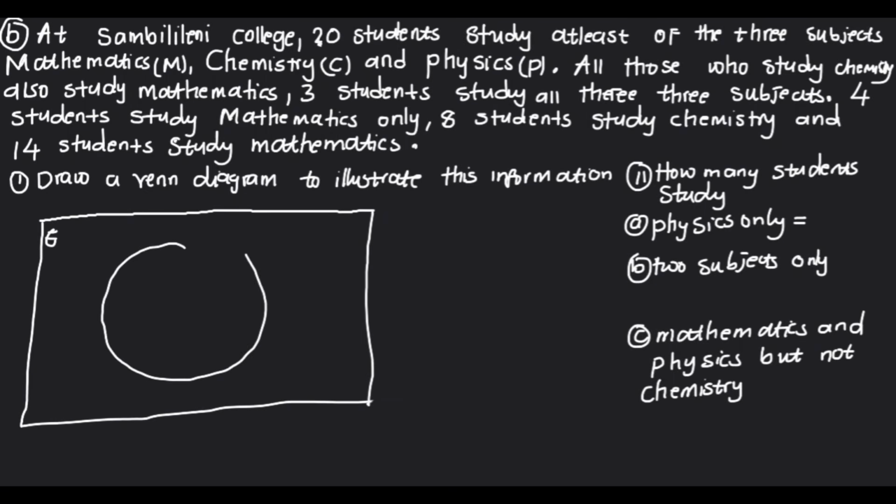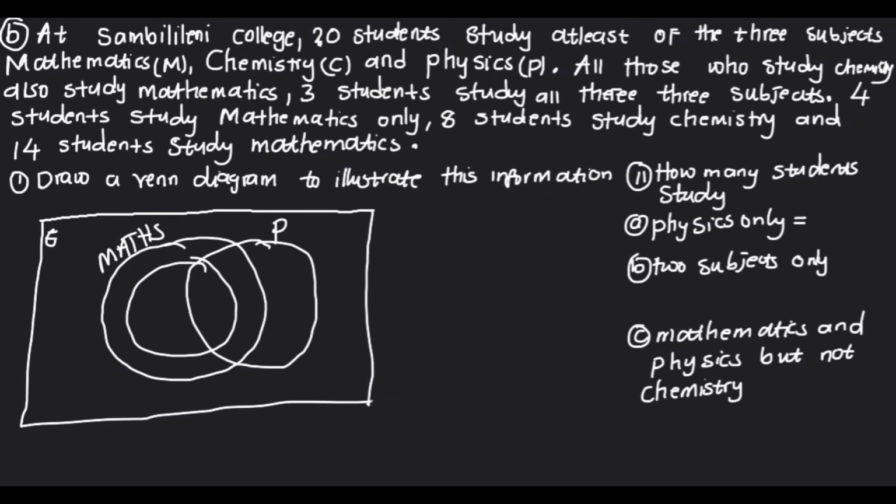This represents mathematics. So we have our maths here. Then inside we are going to have the subset, which is chemistry. Now we need to have the intersection of all the three sets. So the other subject, physics, will be like this. So this is our physics.